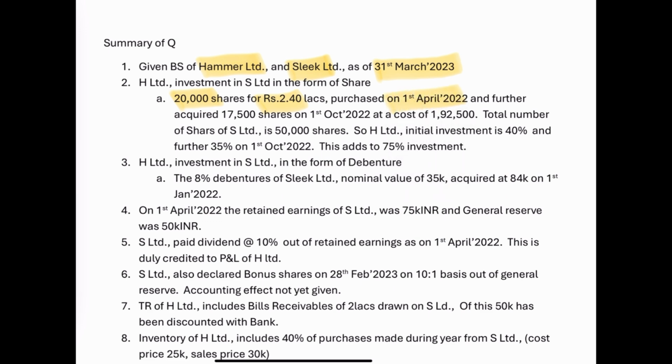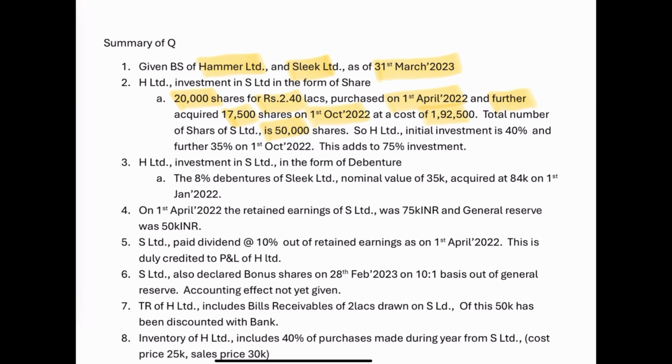This was the initial investment, and there was a further investment of 17,500 shares that was purchased on 1st October 2022 at a cost of 192,500. So this is the total investment made by H Limited in S Limited. The total number of shares of S Limited is 50,000 shares.